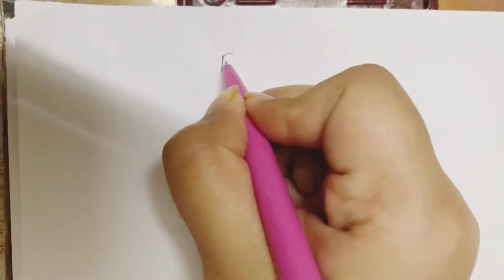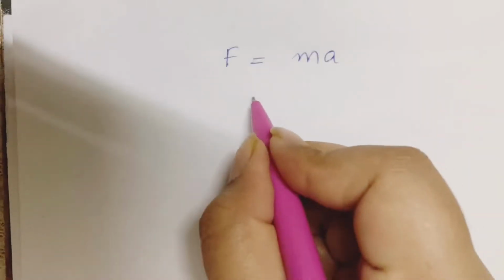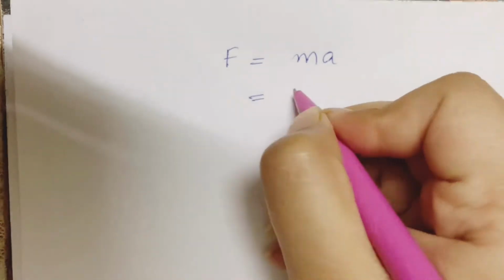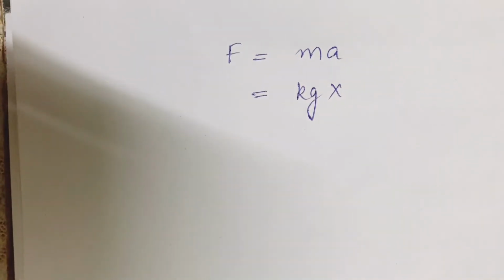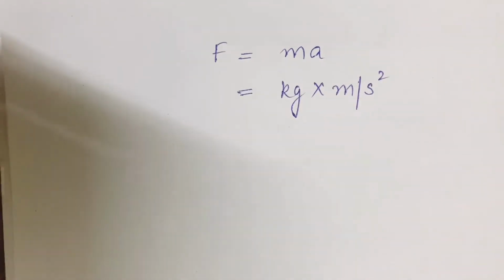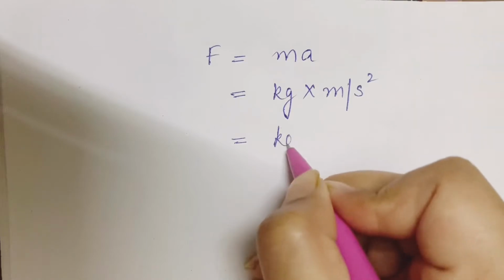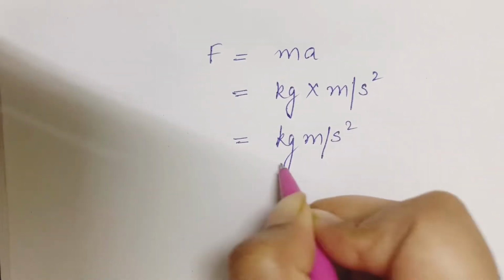Now let us discuss its SI unit. Force is equal to mass into acceleration. What is the SI unit of mass? kg. What is the SI unit of acceleration? Meter per second square. So what is the SI unit of force? kg meter per second square.